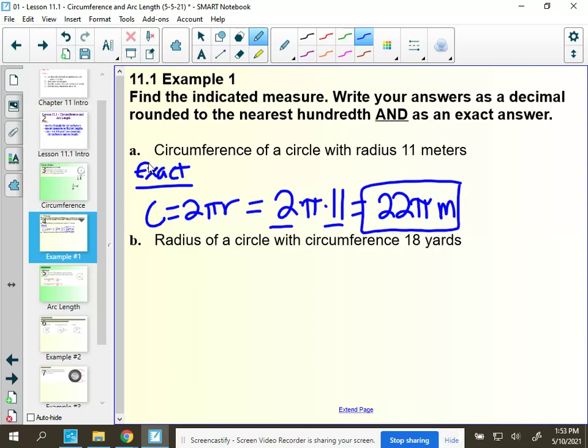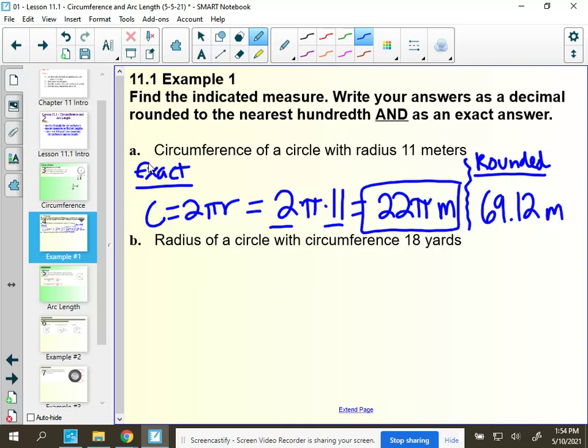For the rounded answer, you don't really need much more information. It's just a matter of using a calculator with the pi function to ask, what is 22 times pi? Obviously, if we're going to buy material or build something that has this circumference, 22 pi is all well and good, but it'd be nice to know, when this is all said and done, this is about 69.12 meters.